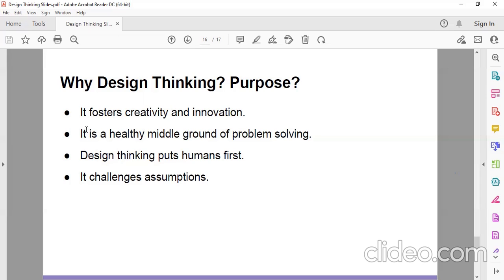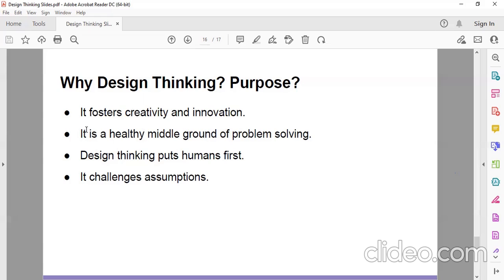So you must understand one thing. Design thinking is of course a science. It's of course an art. It's an ideology, right? It's everything. It combines everything. Okay?